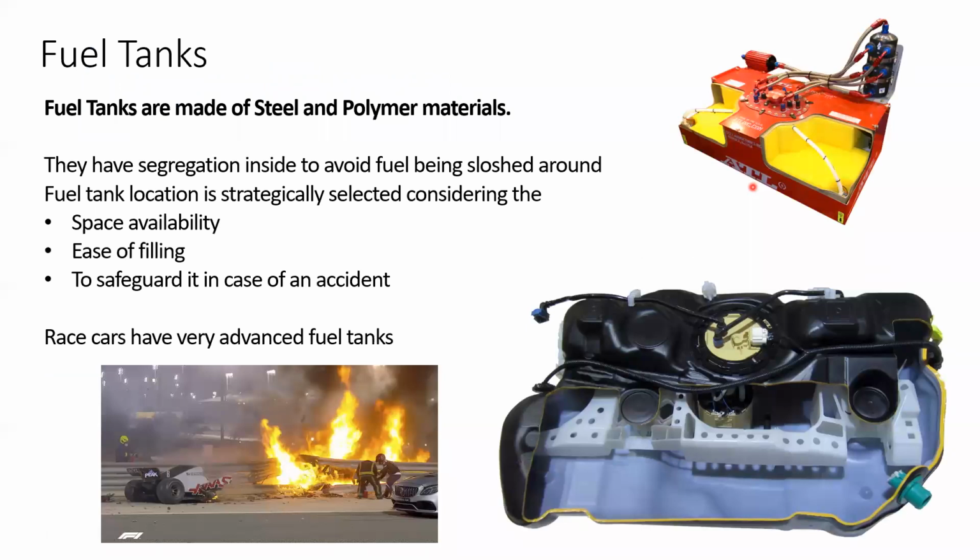So fuel tanks, yes, we'll start with the fuel tanks, obviously. Fuel tanks are made of steel or plastics or polymer materials at the moment. Most manufacturers have moved towards polymer material because of ease of construction and lightweight.